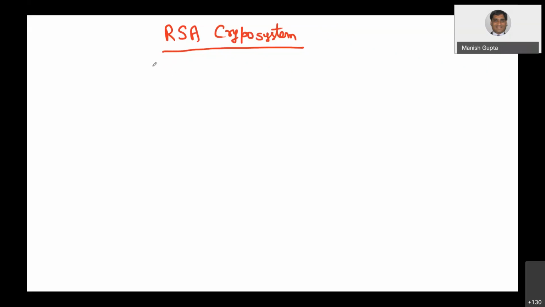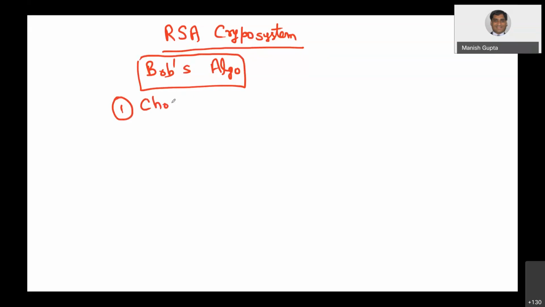So first of all, there is Bob's algorithm that I would like to look at. What is Bob's algorithm? There is a preparation for Bob, so that he can receive a secret message.